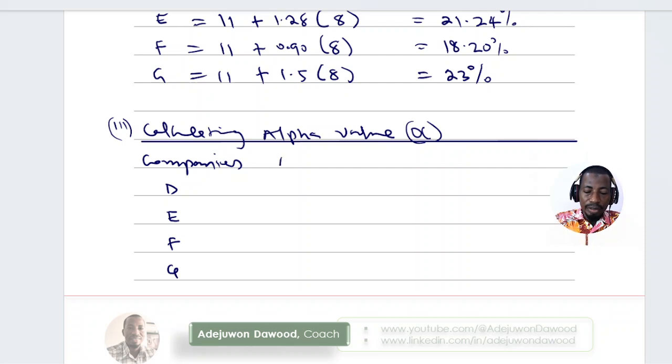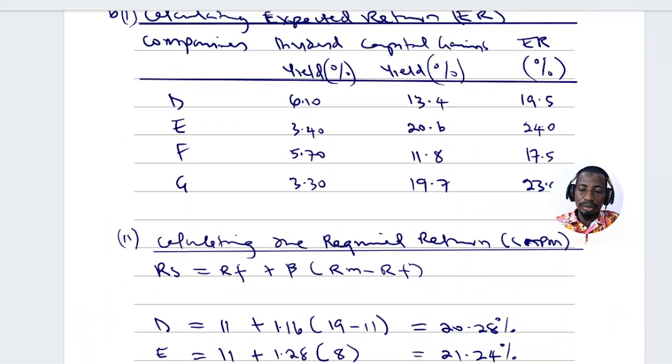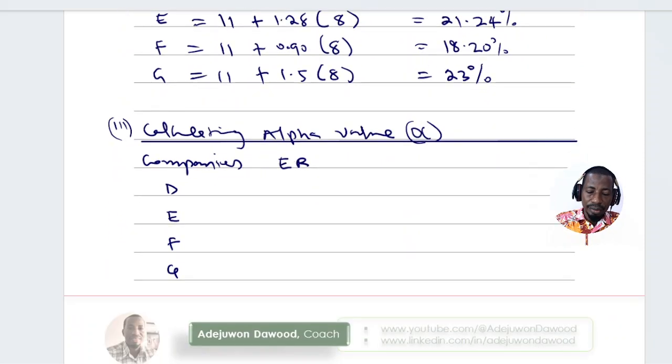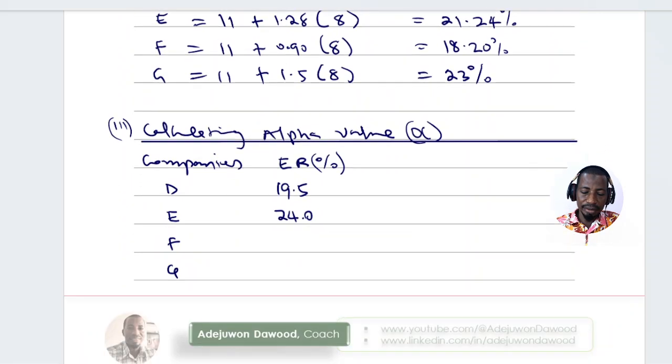Expected return, in percentage: 19.5, 24.0, 17.5, 23.0.